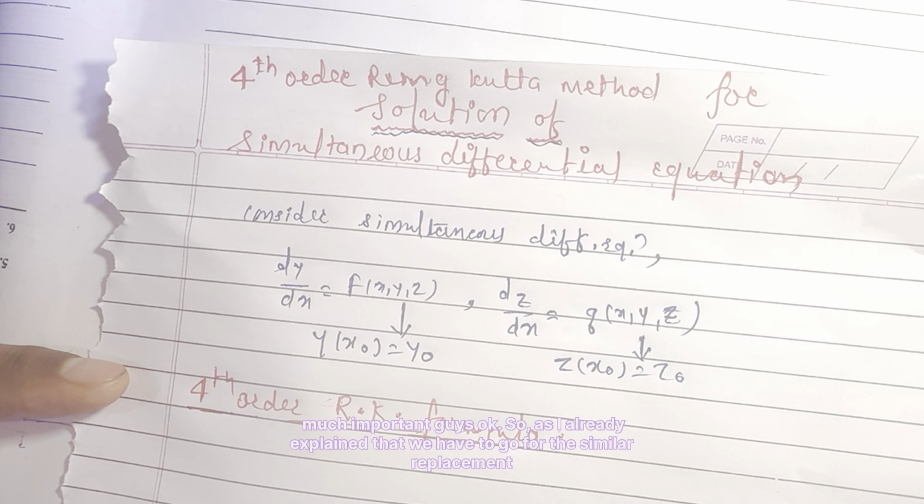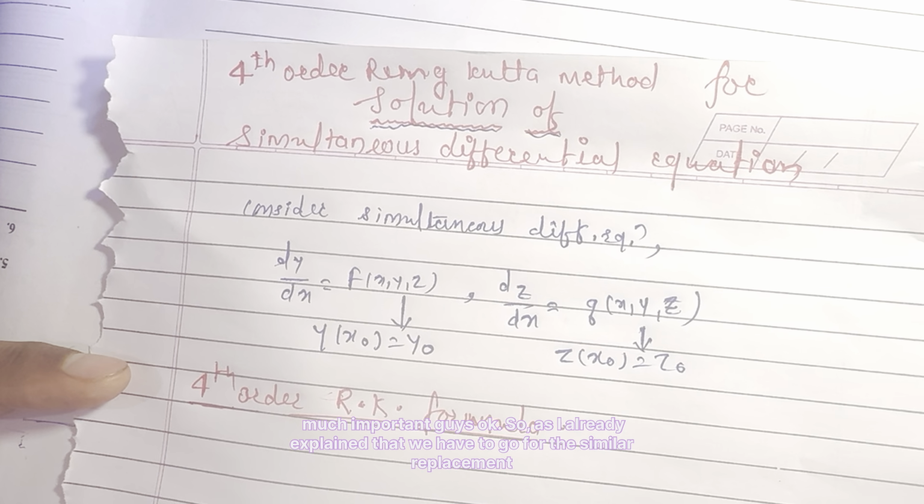As I already explained, we have to go for a similar replacement of the variables. For finding the fourth order we can use the 1 by 6 times k1 plus 2k2 plus 2k3 plus k4. That one we have to define here. Let me write what values we are going to define for our formula.